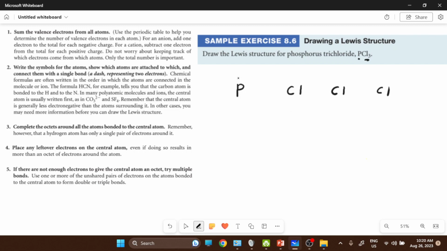So phosphorus is in group 5 elements. Take a look at the periodic table. Therefore, it has 5 Lewis dots. And in the case of chlorine, it is group 7. You take a look at the periodic table, it has 7 Lewis dots. And nakita natin yan previously. 7 Lewis dots each.